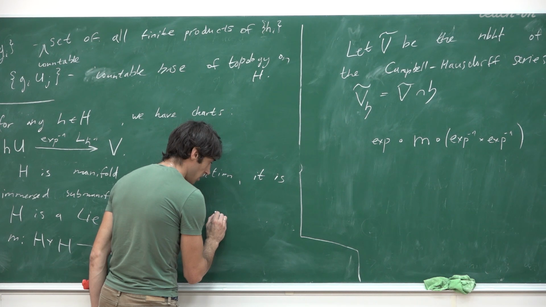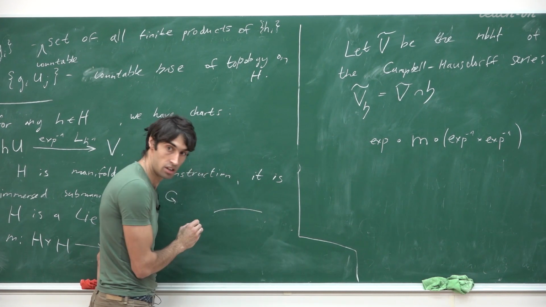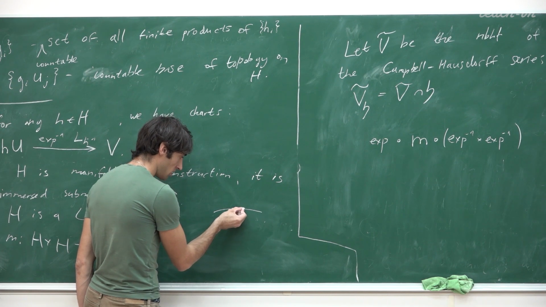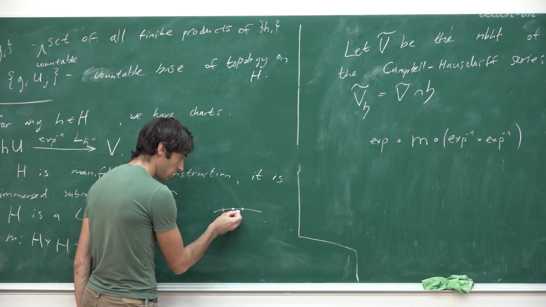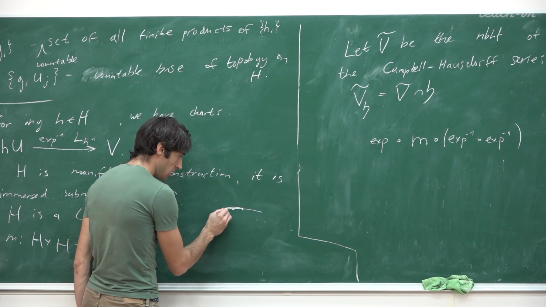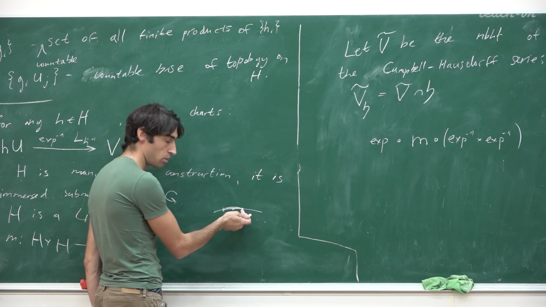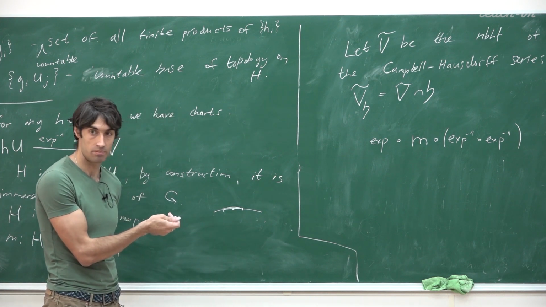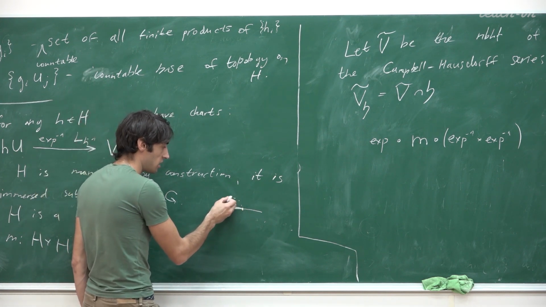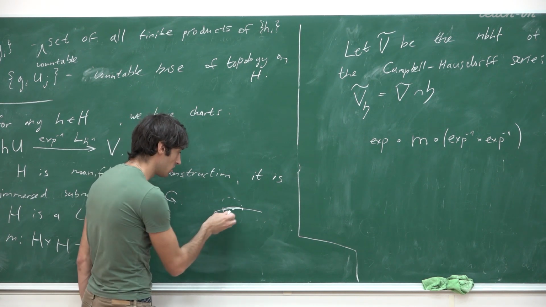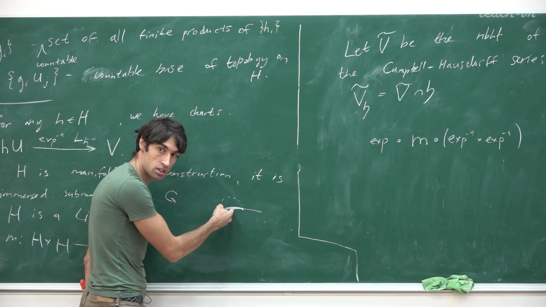So here's your H, right? And at some point h, your neighborhood of this point is just a slice of a neighborhood, maybe of some chart in G, right? But this is locally for H, right?